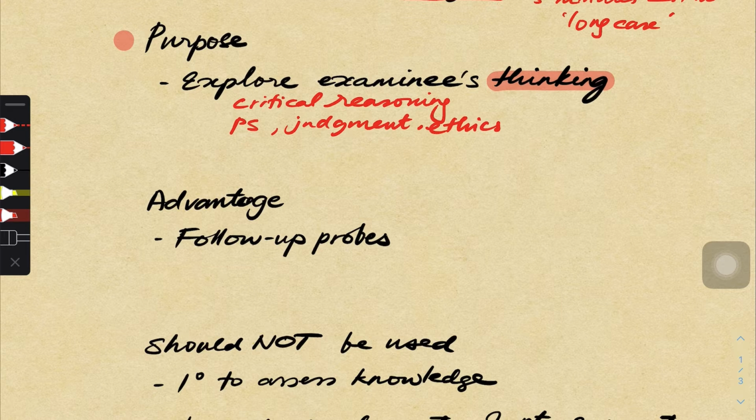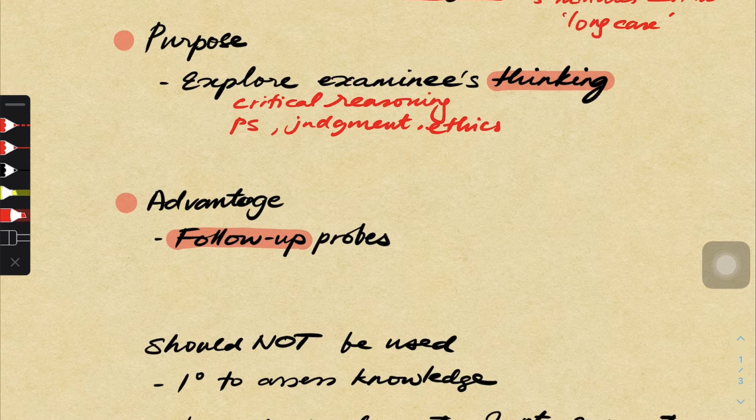So that is why we should use an oral examination. And we also have to think that the advantage is that we can follow up with probes, with further questions. If a candidate answers in one way, we can follow up on that and say, why did you say that? Can you explain? Why don't you say this?